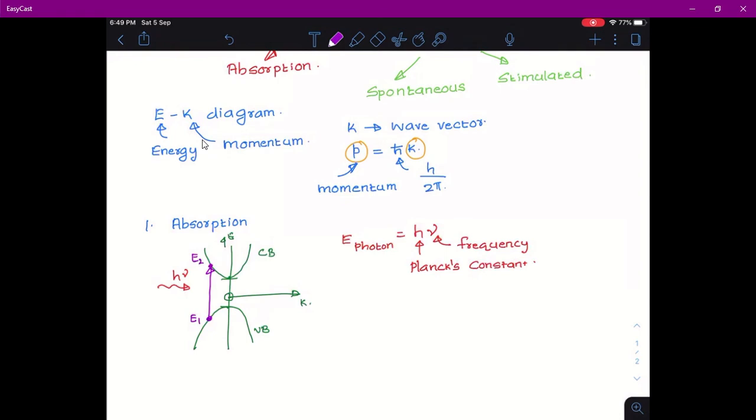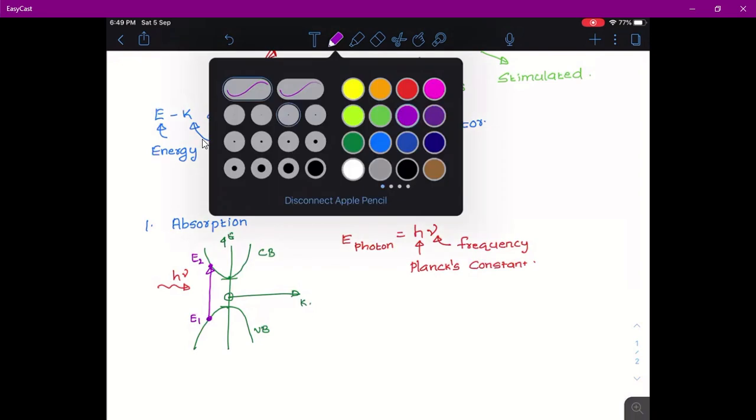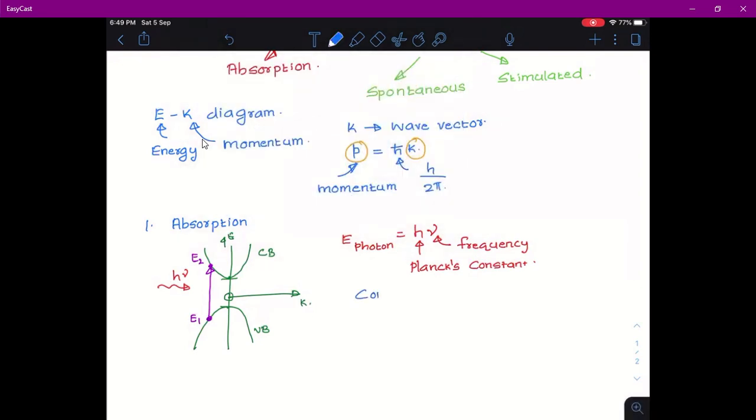As all of nature obeys the conservation of energy, the electron which absorbed the energy h nu and jumped to the conduction band at energy level E2 should satisfy the conservation of energy.